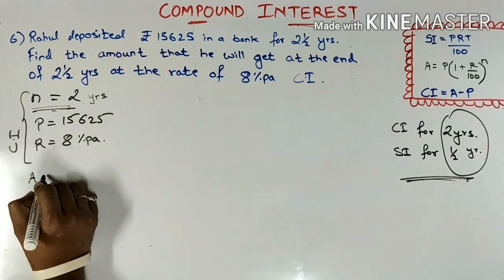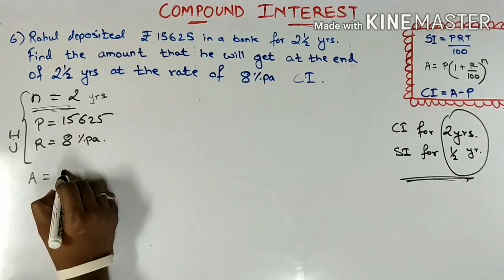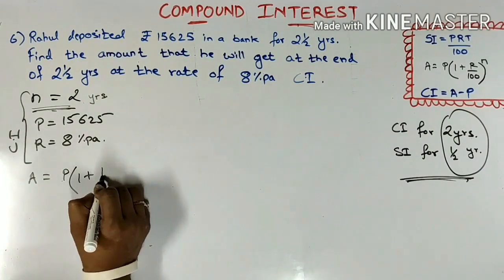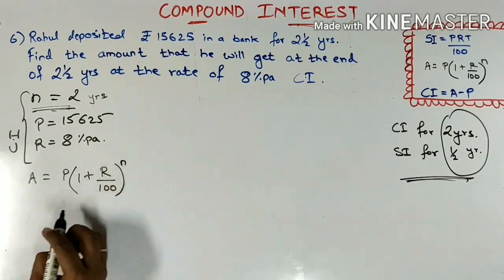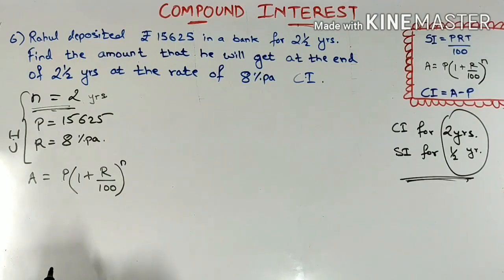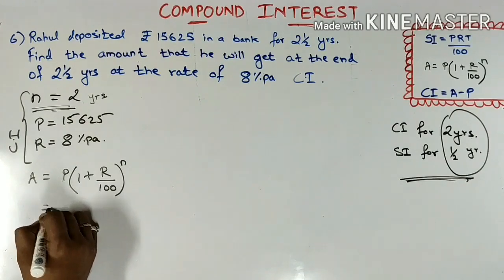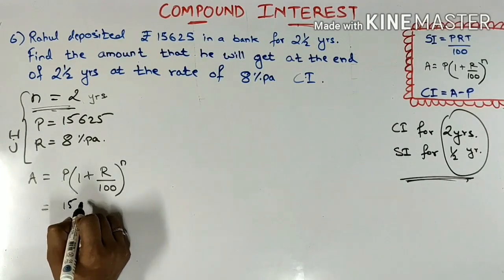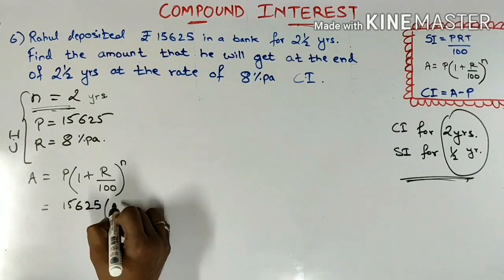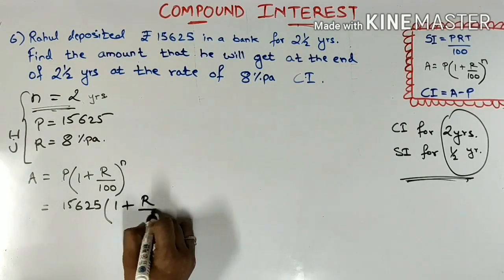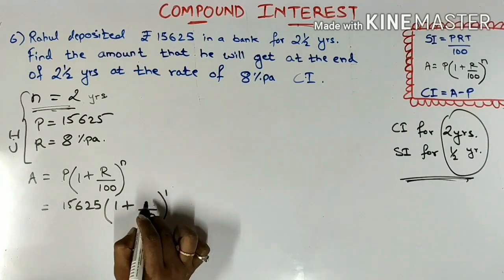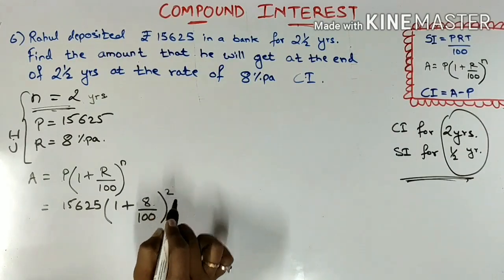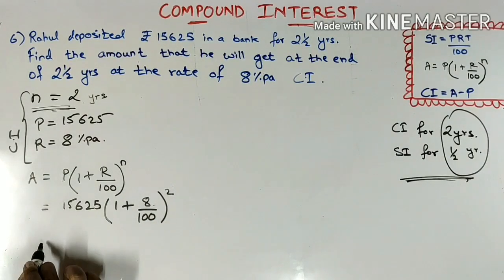So amount will be P into 1 plus R by 100 the whole raised to n, which is nothing but 15,625 into 1 plus R by 100, the whole raised to R is 8, the whole raised to n, that is 2.